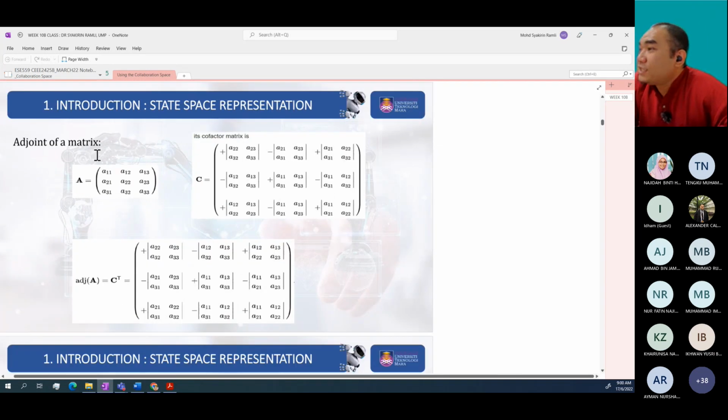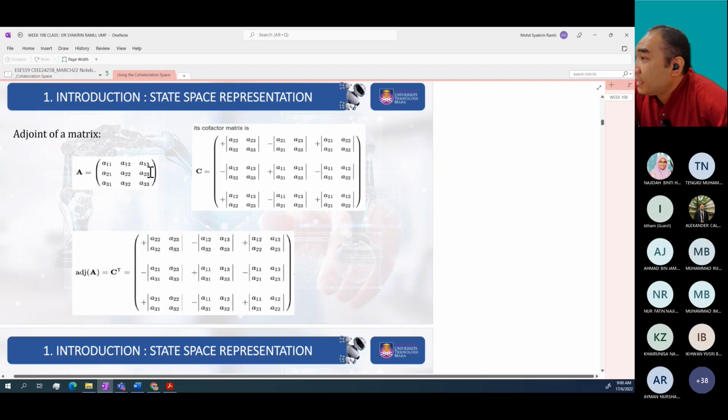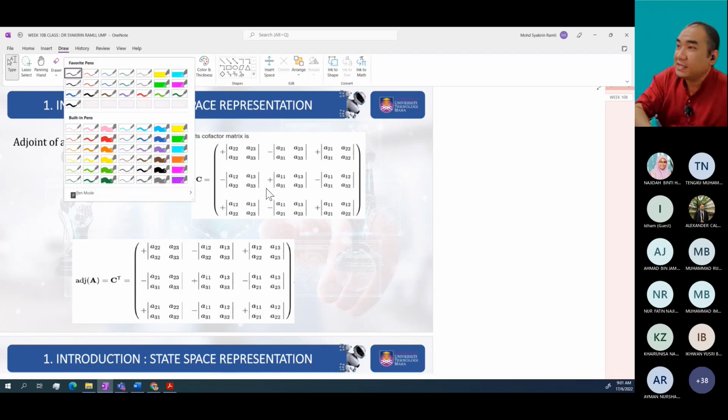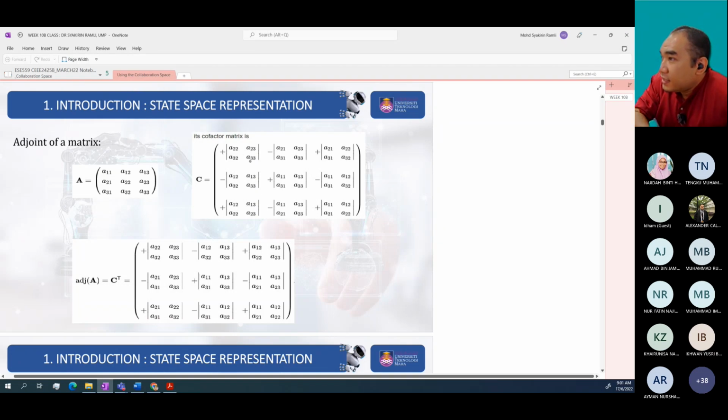Okay. For the adjoint of matrix A, the cofactor matrix of the matrix A is formed by this notation. Okay, kalau kamu tengok kepada C, if you look closely, you can see that the cofactor matrix C is the determinant, the expression of determinant.